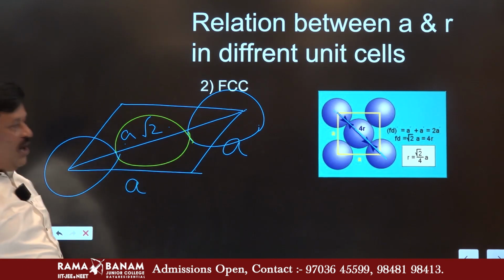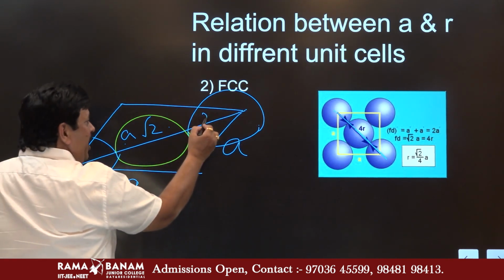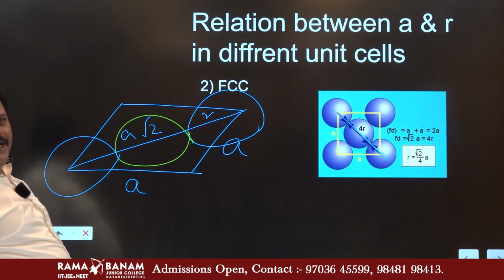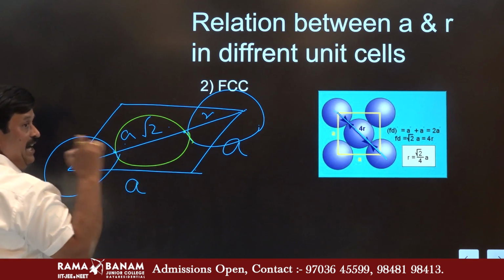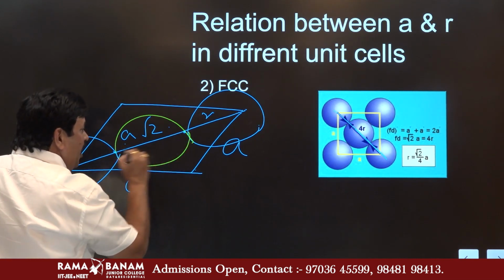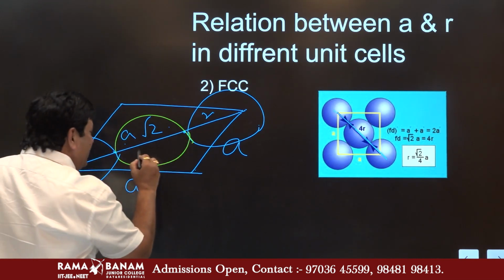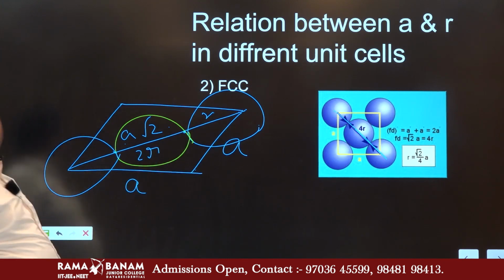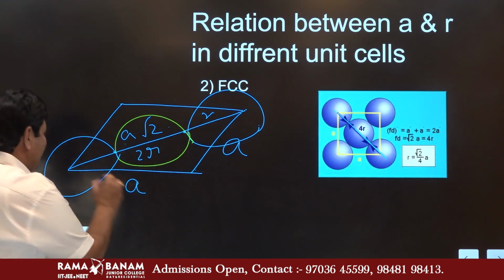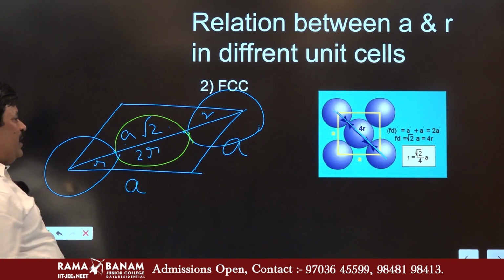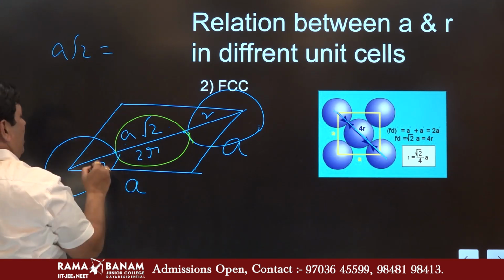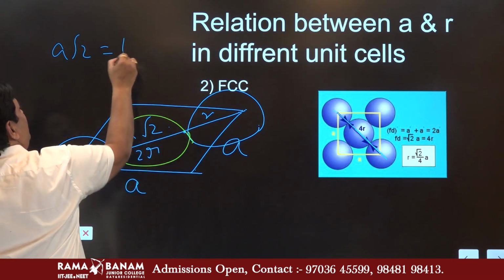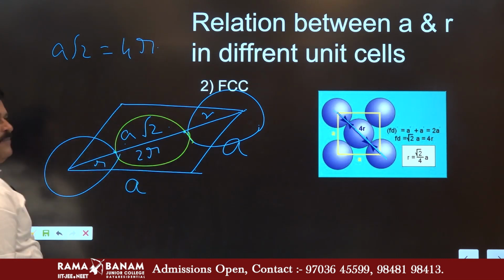Now this is R, the radius of the first particle. From here to here, see this green atom, this is not the radius, this is the diameter, which is equal to 2r. And this is again r. So totally A root 2 is equal to r plus 2r plus r, nothing but 4r.